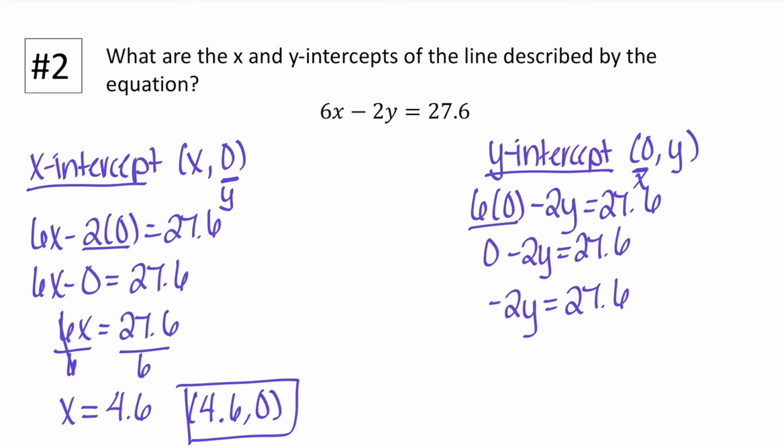So to solve for y, I'm going to divide both sides by negative 2. When I divide both sides by negative 2, I get y equals 27.6 divided by negative 2, which is negative 13.8. So y equals negative 13.8 means that I have a y-intercept at (0, -13.8).